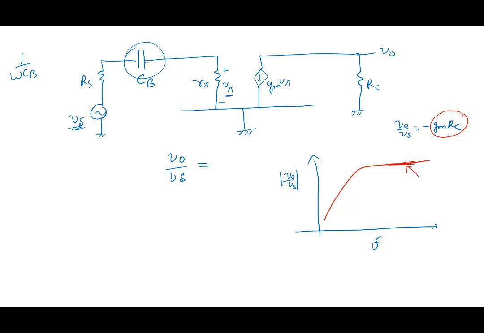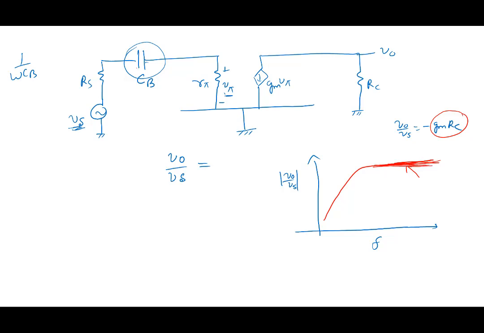There is no effect of capacitor here. Why do we say so? Because if there were an effect of capacitor, things would have been changing with frequency. The effect of capacitor is to make something frequency dependent. This is not varying with frequency here.